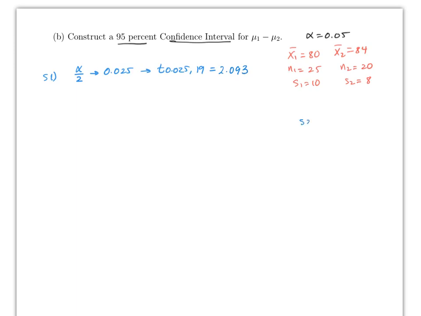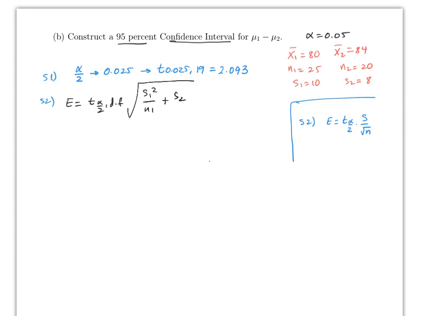Then if you recall for step 2, so this was back in the day, you need to find the margin of error, which before was t of alpha over 2 times s divided by the square root of n. Well, now in step 2, the margin of error is going to be t of alpha over 2 with degrees of freedom, which we already got, this value right here. But you're going to multiply times, now it's going to be the square root of s1 squared over n1 plus s2 squared over n2.